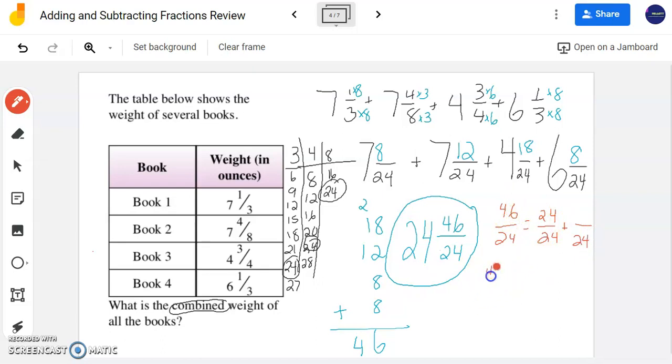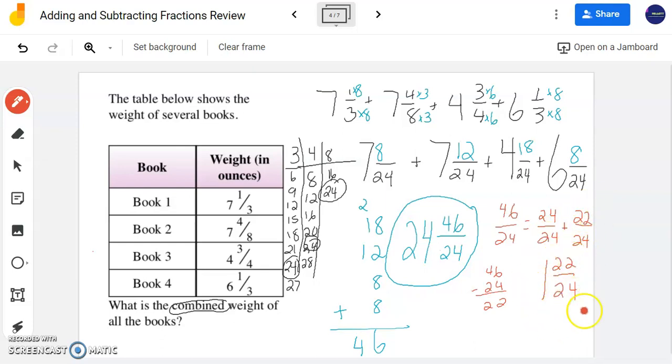Let's see, 46 minus 24, we're left with 22. So notice I broke 46/24ths into two pieces, 24/24ths and 22/24ths. We know that 24/24ths is equal to one whole, but we still have 22/24ths.